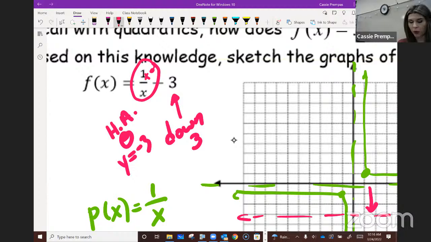All of these points, the y values are approaching 0, but then I'm subtracting 3 from each of those values. So if I'm looking at like 0.000001 minus 3, it's going to show up at like -2.999999. So it's going to approach -3. You can still use your understanding of horizontal asymptotes within the fraction, but you do need to recognize that the -3 is going to shift the entire graph down. Good question.